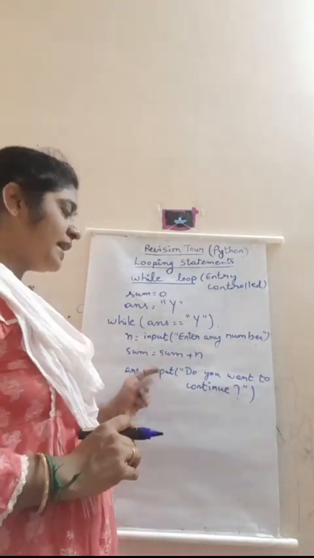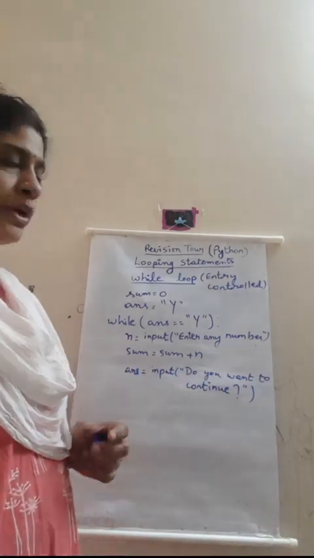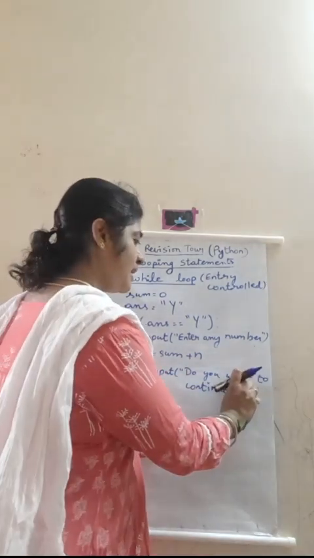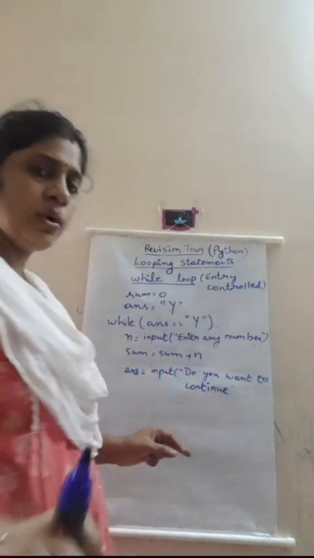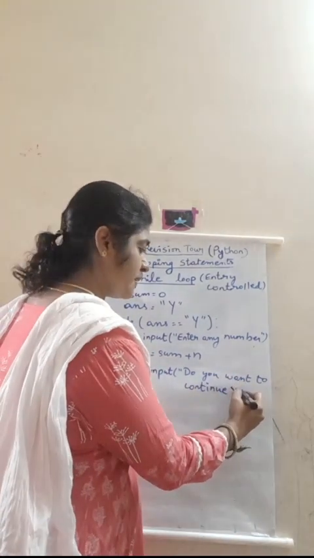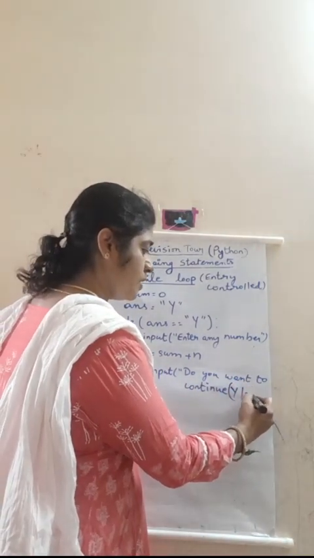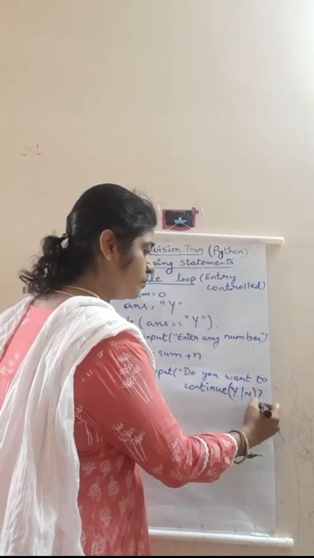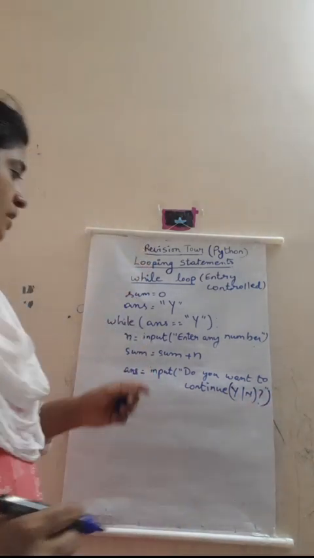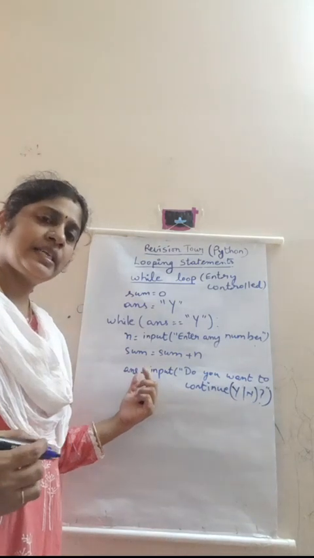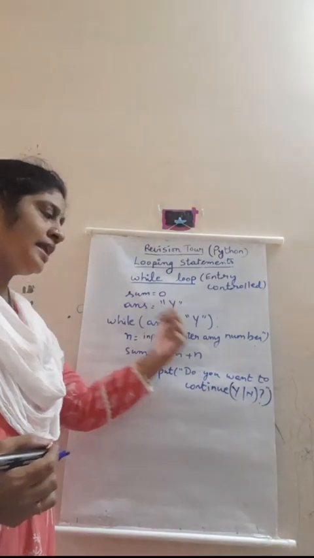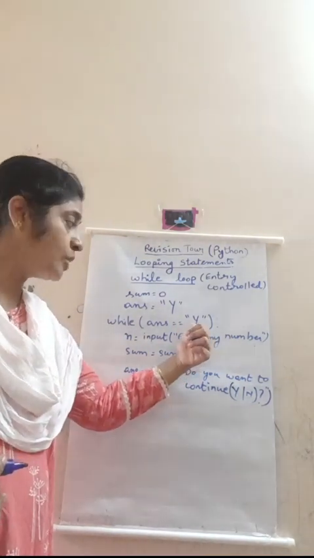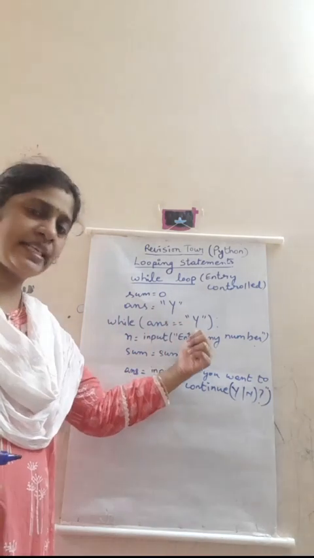Now the user will enter either yes or no. If you want, you can specify here what answer you are expecting, whether yes or no. If the user enters yes, again the loop will go, the control will go here, and yes, answer is equal to y.